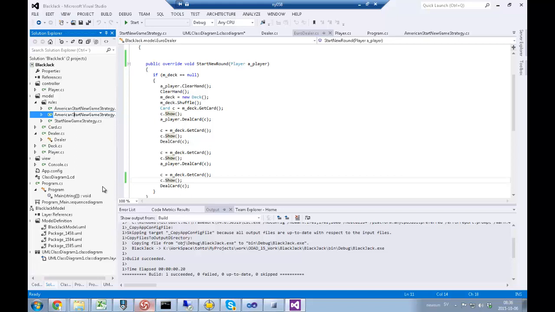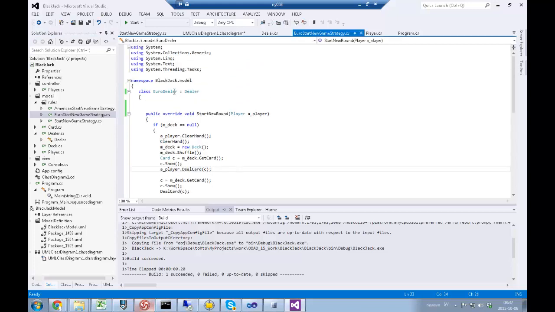Let's get that American. Should name. So, and they should not inherit from dealer. They should realize the interface instead.